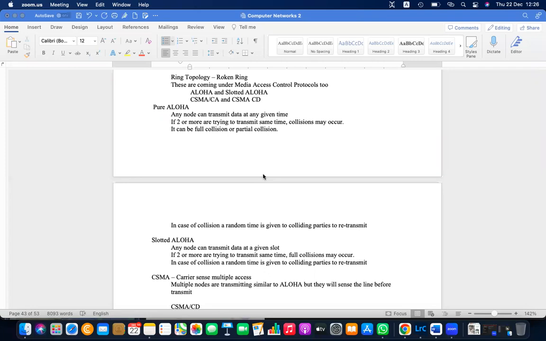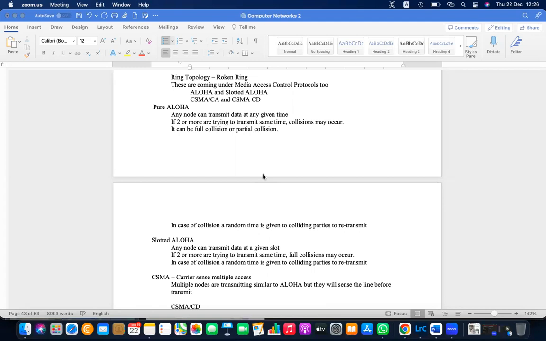Slotted Aloha, unlike pure Aloha, divides the time into slots. Not every moment is allowed; they start communication only at certain time slots.